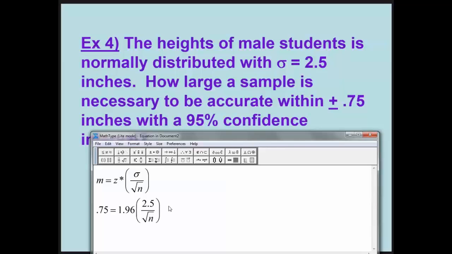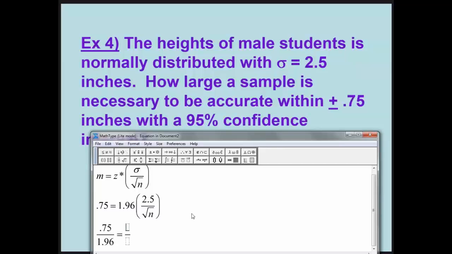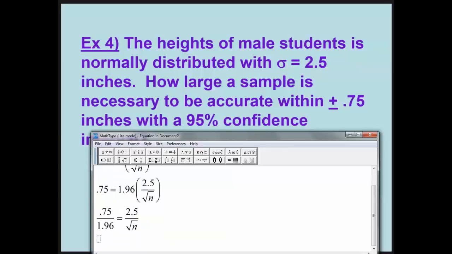Okay, so what am I going to do first? I'm going to divide 0.75 by 1.96, and that's going to equal that fraction there of 2.5 divided by the square root of n. Then I want to rearrange this so that I can solve for n. So I'm going to cross multiply here. 0.75 times the square root of n equals 2.5 times 1.96, and then I want to divide by 0.75.